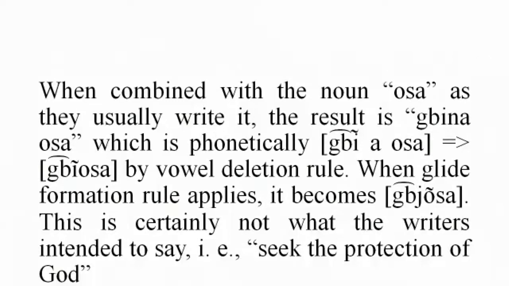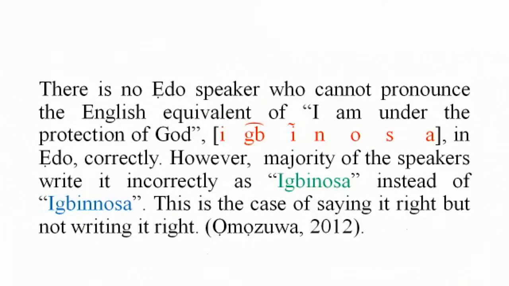You see, there is no Edo speaker who cannot pronounce the English equivalent of "I am under the protection of God." No Edo person. So these people pronounce it correctly. But when they are writing it, they write it wrongly.